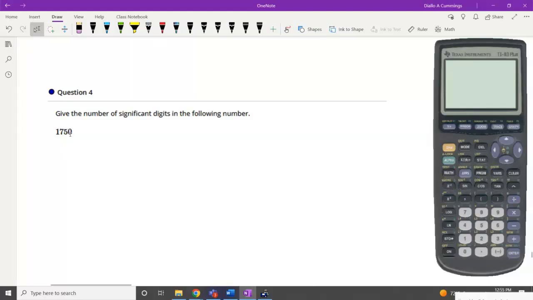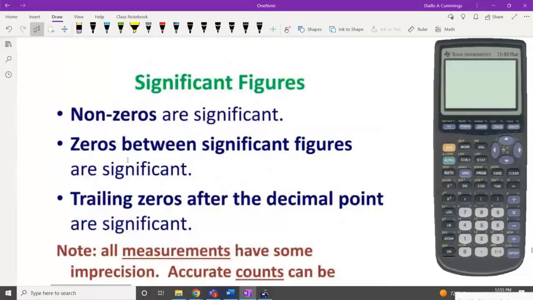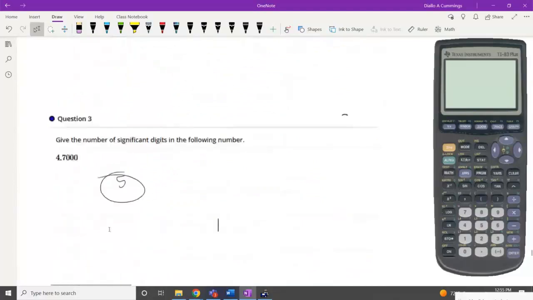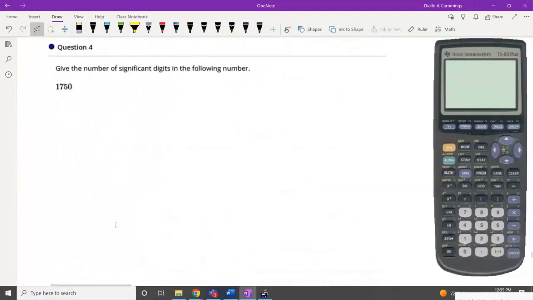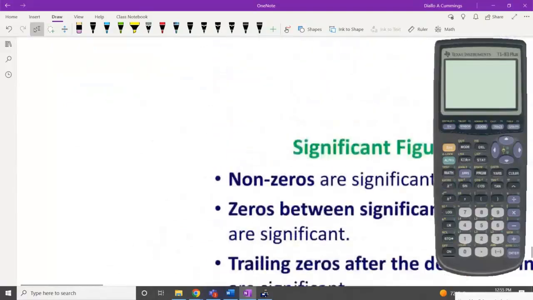This 0 is not significant because it's not between significant digits, and it comes before the decimal point. So for problem number 4, there should only be 3 significant digits. I think there are like 5 or 6 problems that we're dealing with that. Just keep these 3 rules in mind.